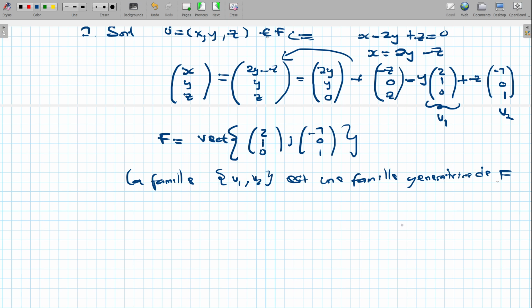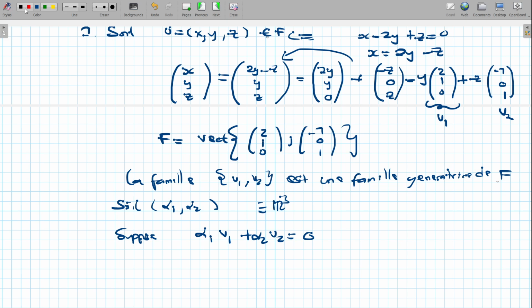The other thing that we must show is that the two vectors are linearly independent. To check that two vectors are linearly independent, what do we normally do? Remember that we take scalars, soit alpha 1, alpha 2, scalars from R. Since we only have two vectors, we take two scalars, and we suppose that alpha 1 multiplied by v1 plus alpha 2 multiplied by v2 is equal to 0.